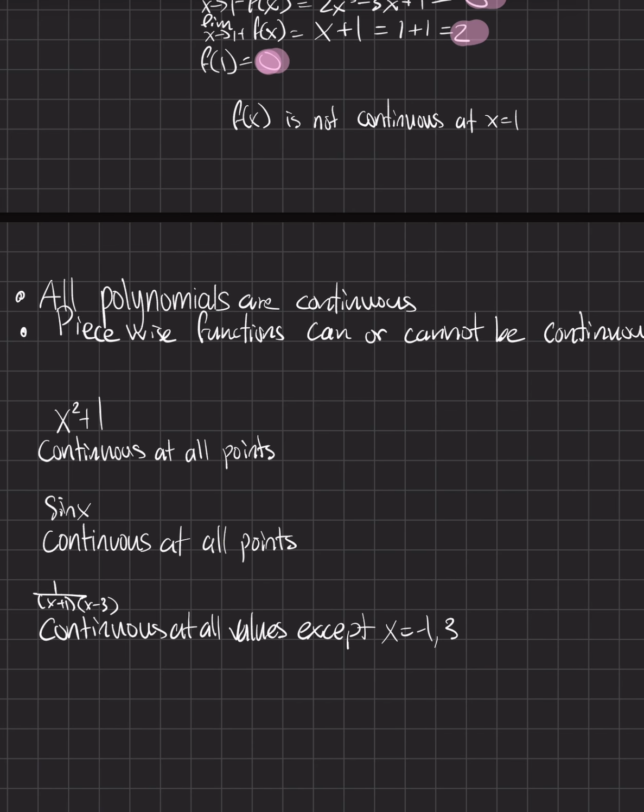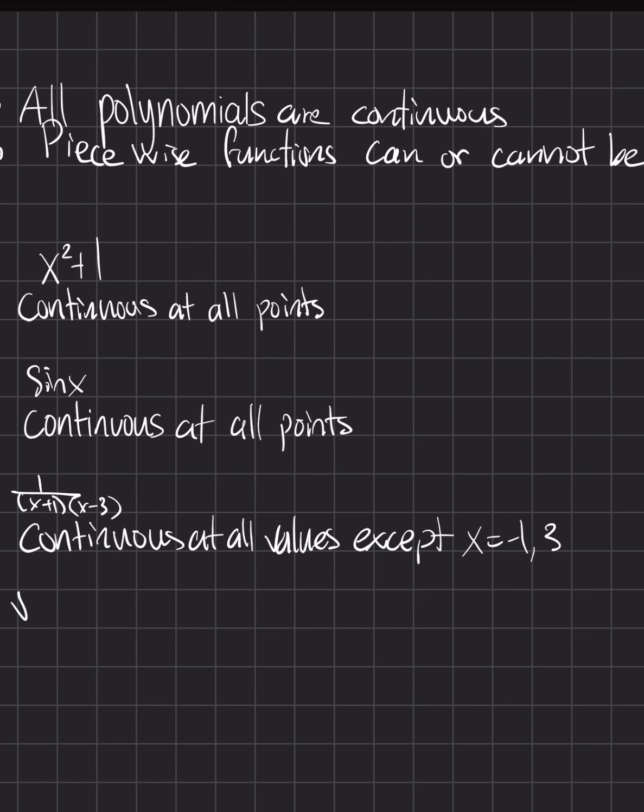And then the last one that we'll do here is the square root of x. And this one, remember, it's just another function. And then our function here is going to be continuous for all values where x is greater than or equal to 0, right? Because we can't plug in a negative number into our square root function, because that's going to give us imaginary numbers.